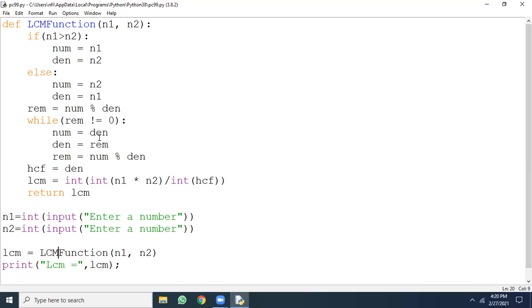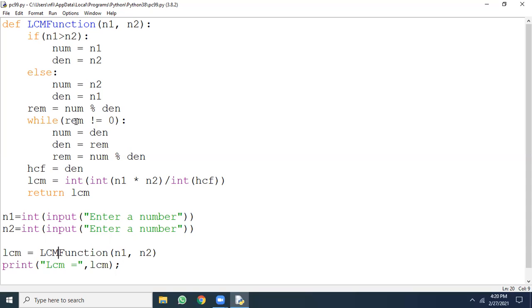What is the process? While the remainder is not equal to 0, first we place the denominator in the numerator. That means that which was the denominator in the first instance has now become the numerator, and that which was the remainder has become the denominator. Once again we take the mod of the numerator and denominator and place it in variable rem.